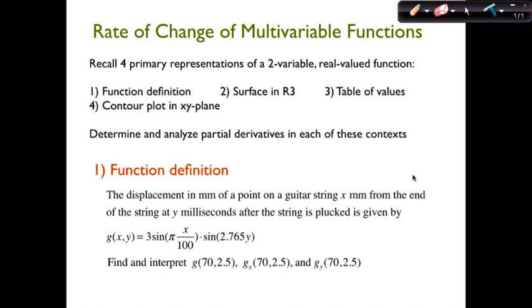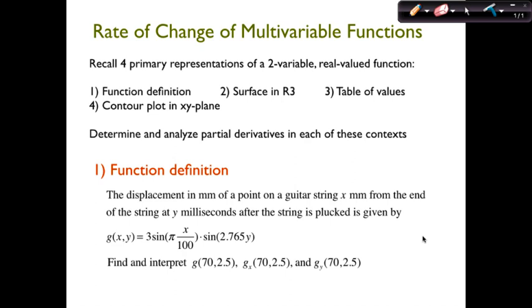In terms of getting the values, let's split up. You guys on the left side of the room, find the function value at 2.5. Make sure your calculator is set to radians. Everything here is going to be radians, not degrees. Middle of the class, you do the partial with respect to x at 72.5.